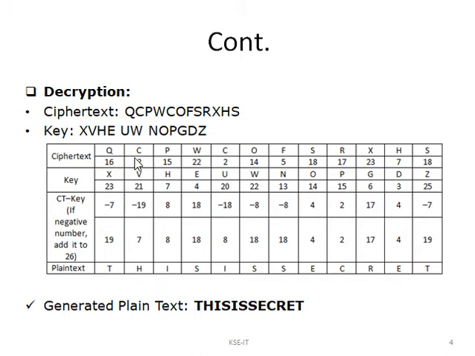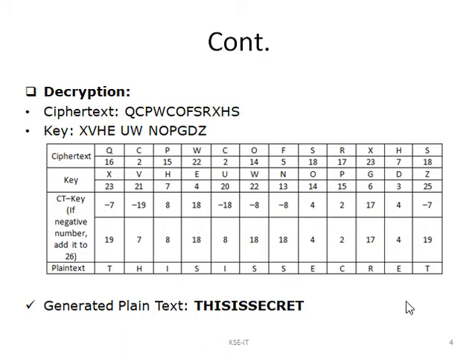For Q it is 16, for C it is 2, for P it is 15. Do the same thing for the rest of the characters. For the key, write down the equivalent numeric value like this. For X, the equivalent numeric value is 23, for V it is 21, for H it is 7. Do the same thing for the rest of the characters.